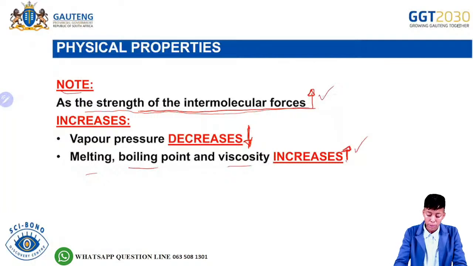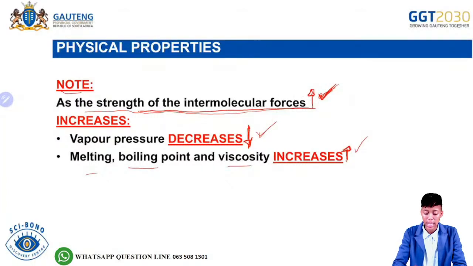Again, if we look at the relationship between the intermolecular force and the vapor pressure, in paper 1 we would say that the two are inversely proportional.